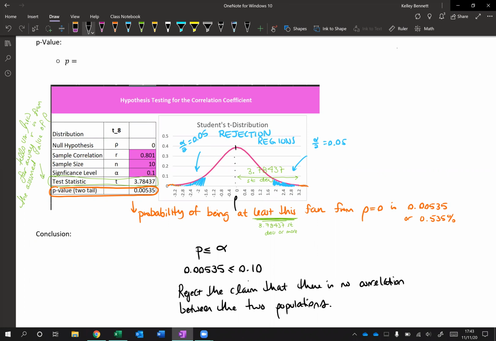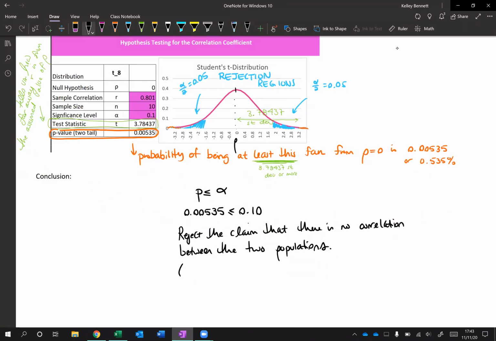Right? So we're really rejecting the claim that rho equals 0. And so this is going to allow us to use our sample correlation value R as a predictive tool.